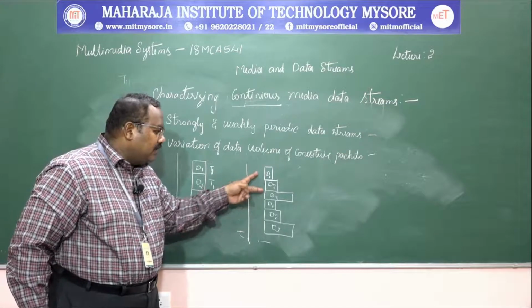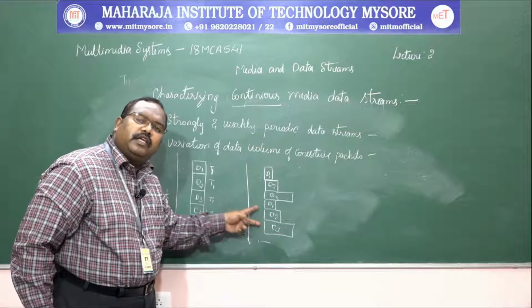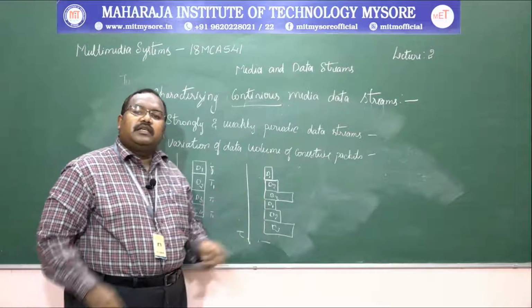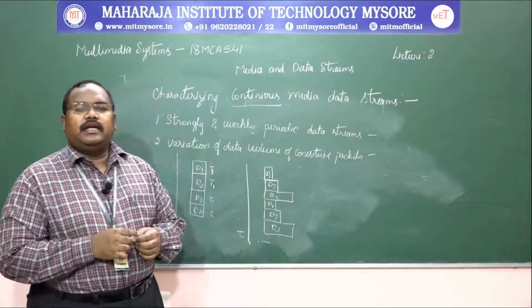So it is a combination getting repeated again, D1, D2 and D3. So we call it as weakly regular data streams.